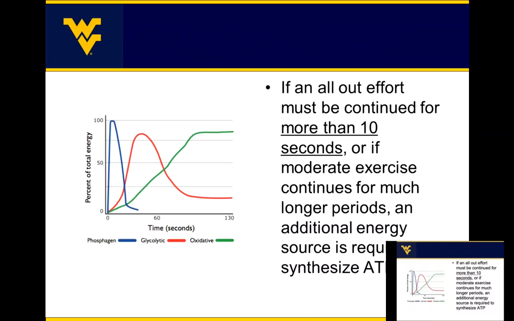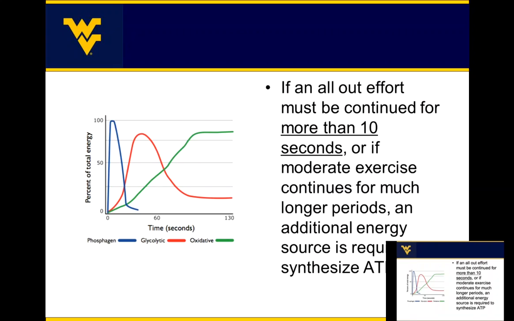Okay, this graph here is really to make the point of what I was just saying, that when you begin to contract a muscle, these high energy phosphates represented here in the blue are the primary source that the muscle is relying on for energy. But notice that, and I always tell this to students, the systems that we are about to talk about over the next few minutes are not exclusive.